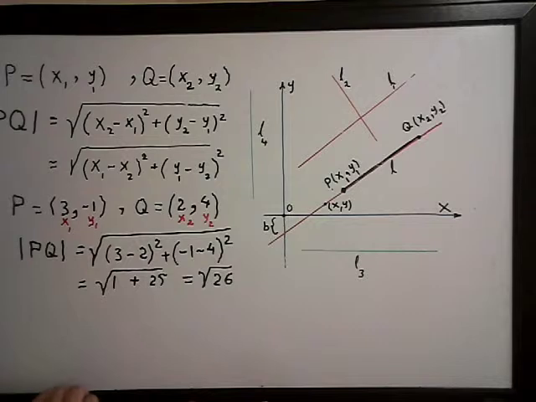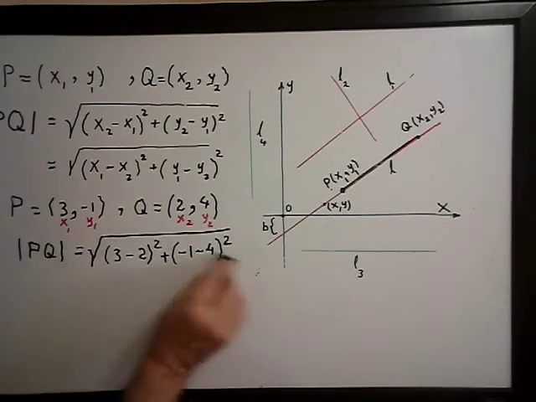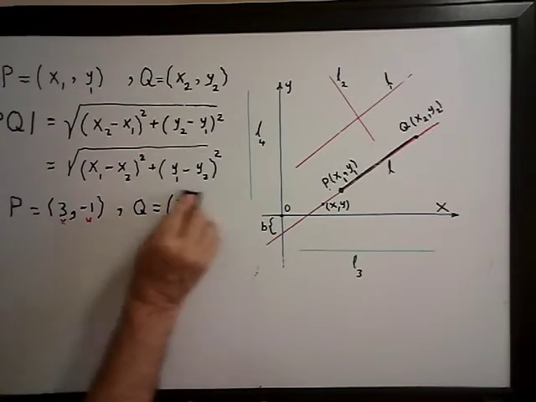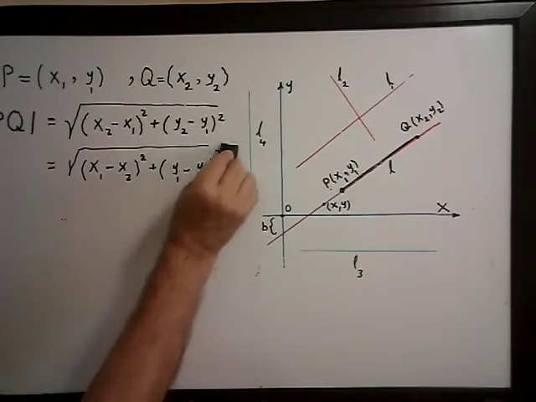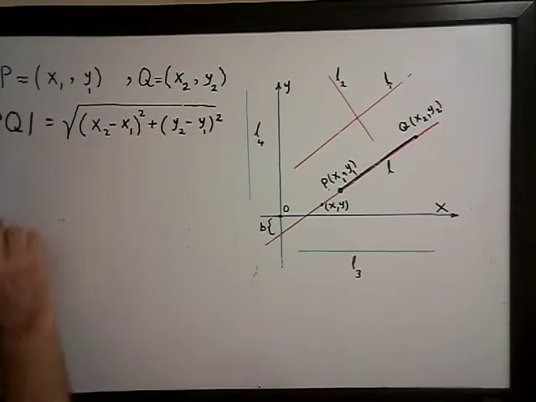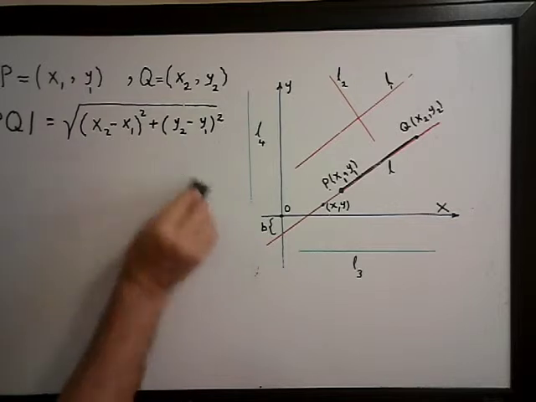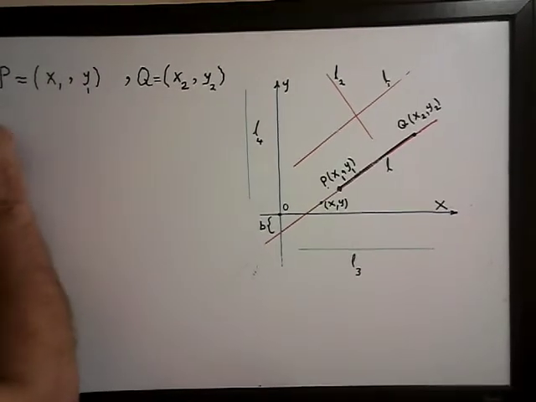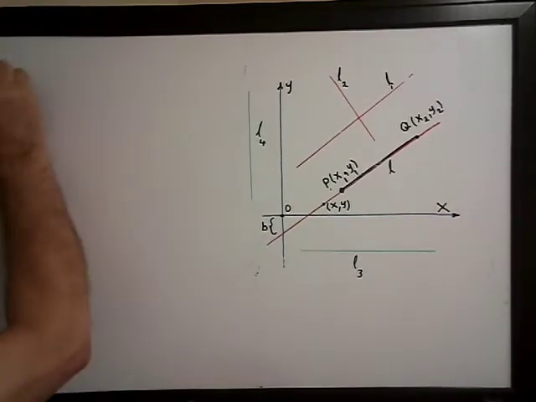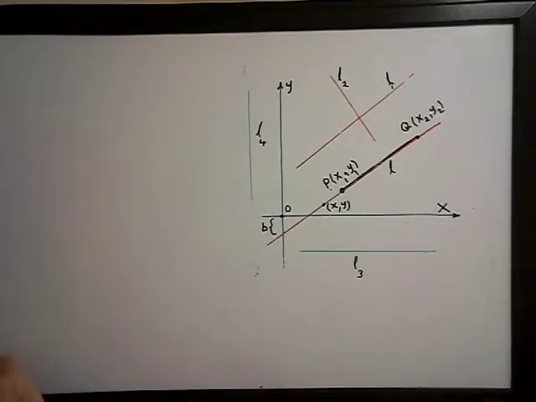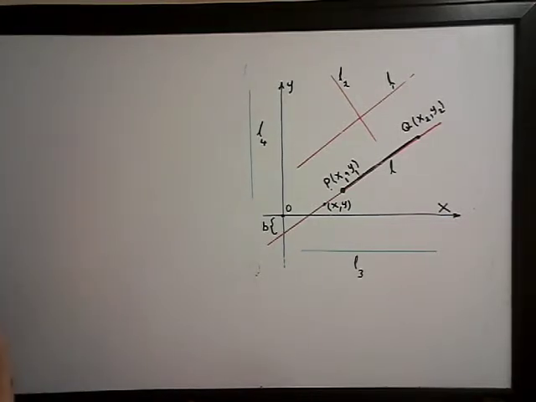Now let us see what about the line which passes through these 2 points. First, in order to find the equation of this line, we have to find the slope of the line.